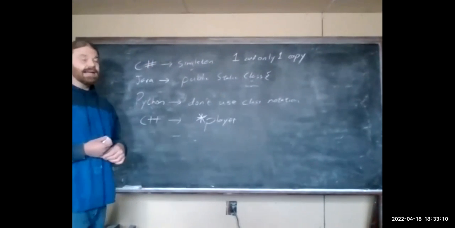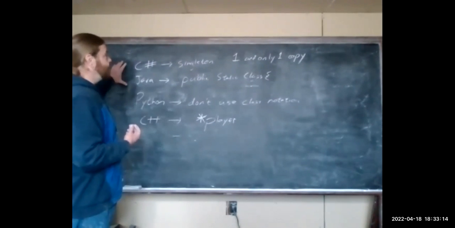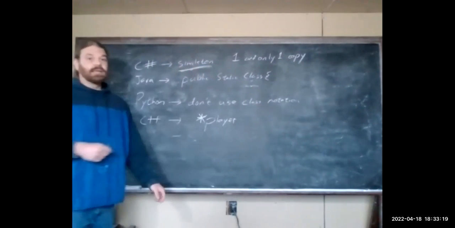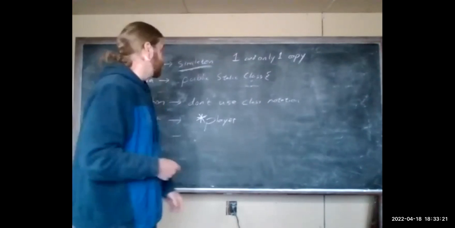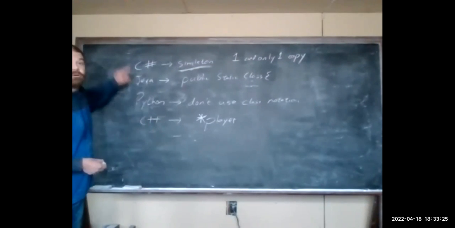Not quite the same as static, but that's how I usually handle that. It makes the most sense in my mind. So we'll see it in C# as a singleton, which all of these languages are older than C#.